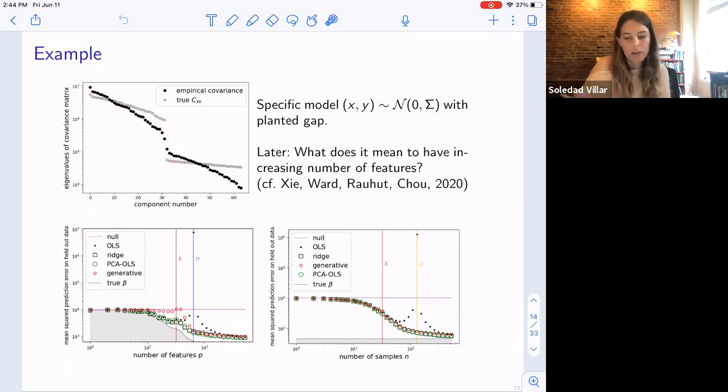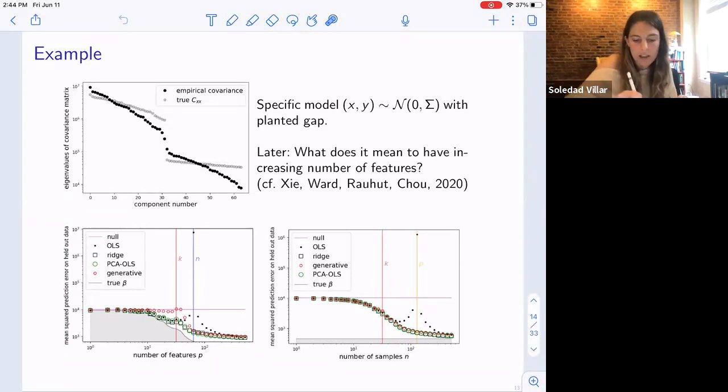Then you can show that if you do dimensionality reduction on your data, the risk never blows up, and it is actually comparable with what you would obtain if you do just ridge regression. So PCA is another form of regularization that behaves in a similar way.